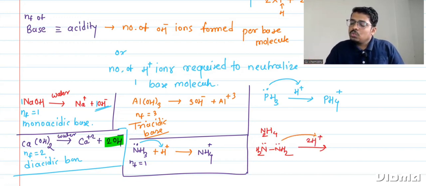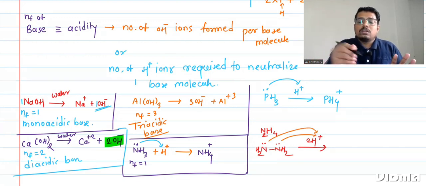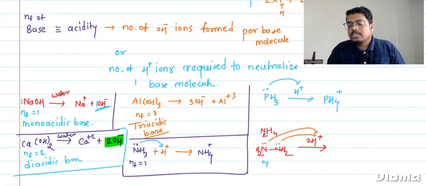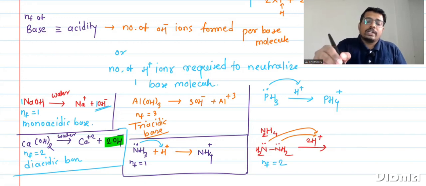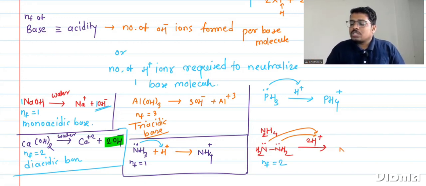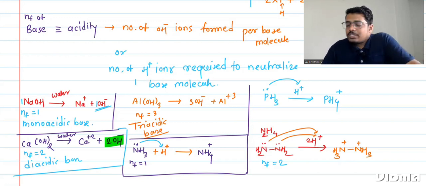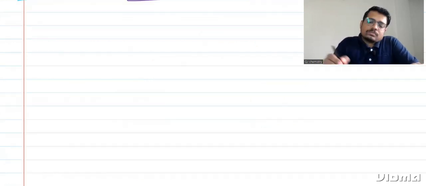So because of these two lone pairs, the N factor of hydrazine is equal to 2, because one hydrazine molecule reacts with 2 H plus ions to give the corresponding ion for complete neutralization. So you'll get this type of ion on neutralization of one hydrazine molecule.